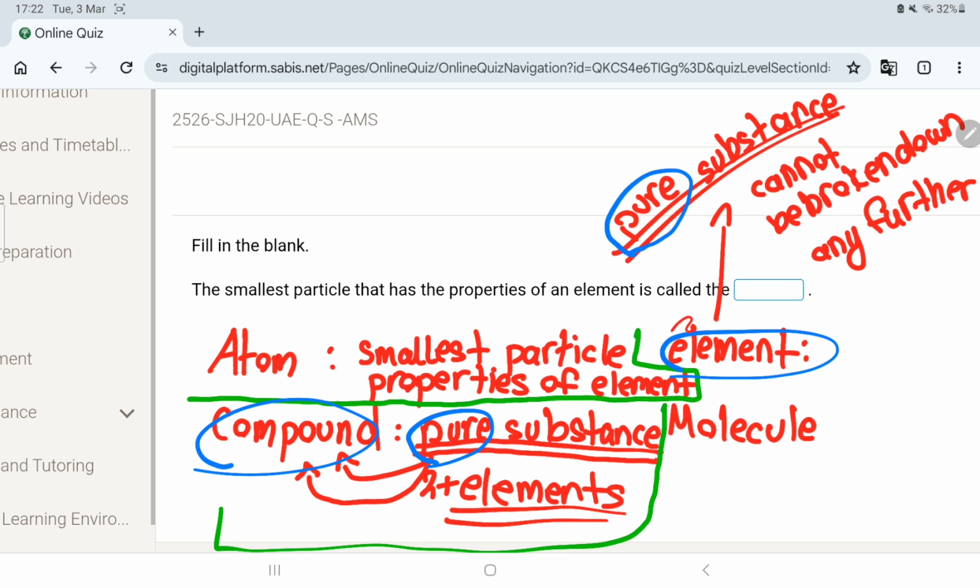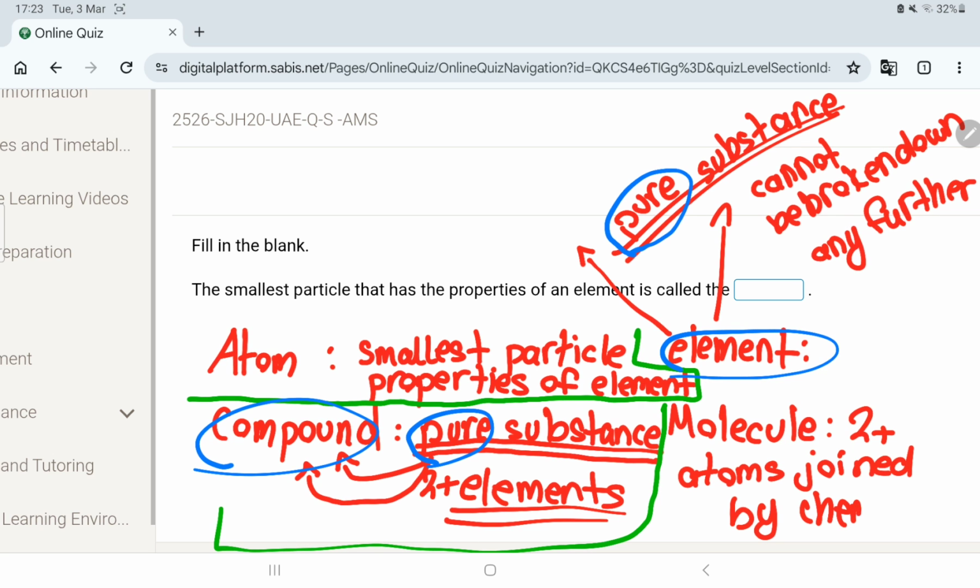For example, an element would be oxygen, carbon, those. Now what's a molecule? It's just two or more atoms joined by chemical bonds.